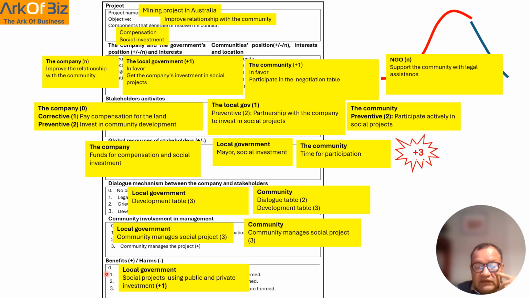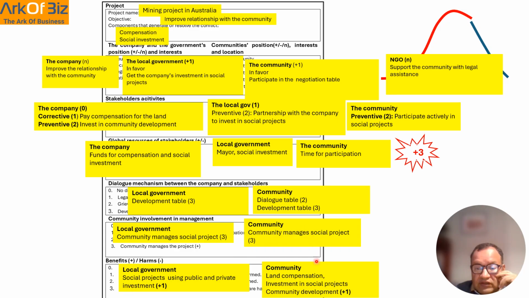In this case, the local government receives social projects using public and private investment, because remember, in this stage there is a partnership between the company and the local government. That's why they receive social projects using public and private investment. And the local government is inside the area of influence. That's why we have +1, positive for benefits, and 1 for the location.